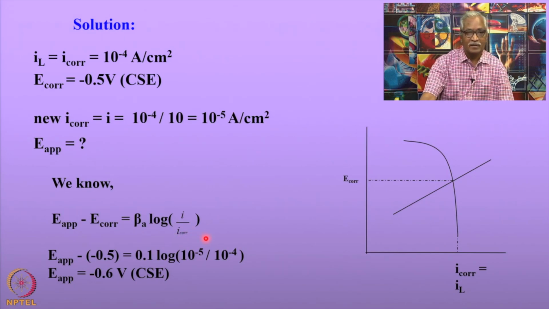So, we need to find out what will be the applied potentials if we need the final current density as 10 power minus 5 ampere per centimeter square.